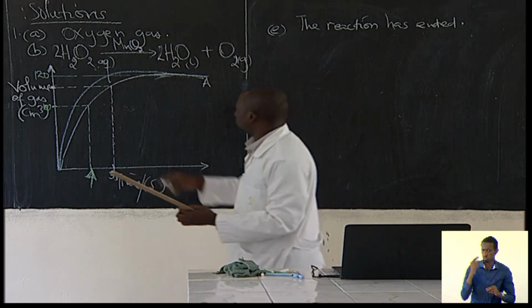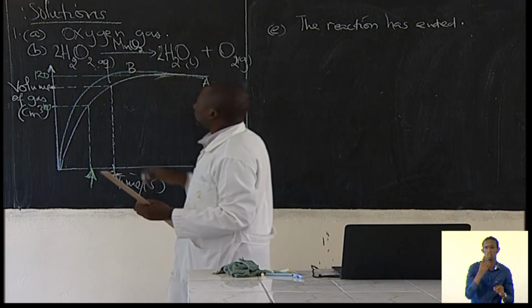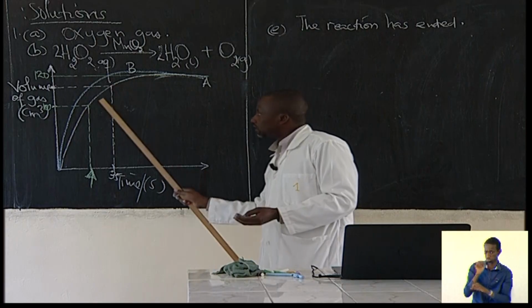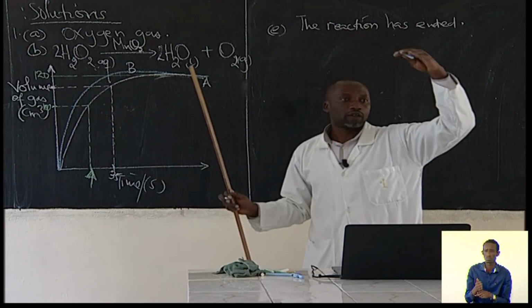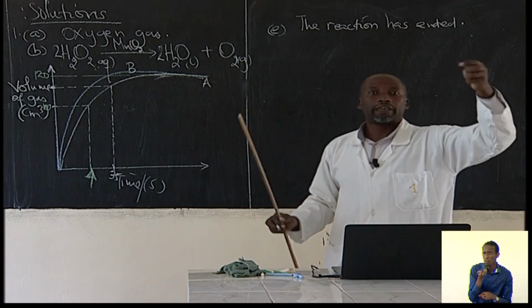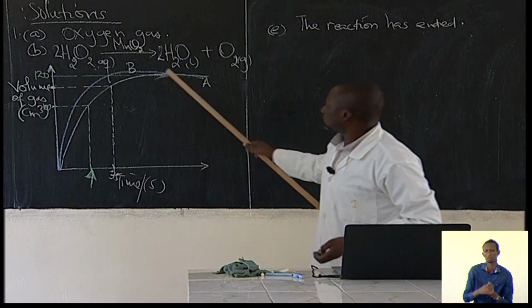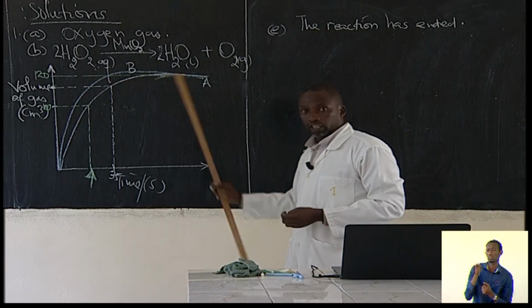We label this one B. It should be slightly above this A because of the higher temperature and the increase in the rate of the reaction.